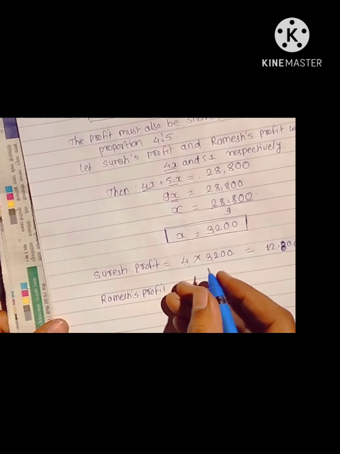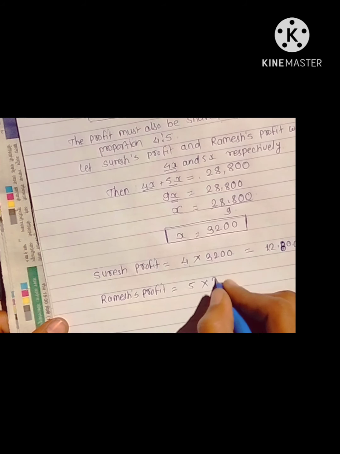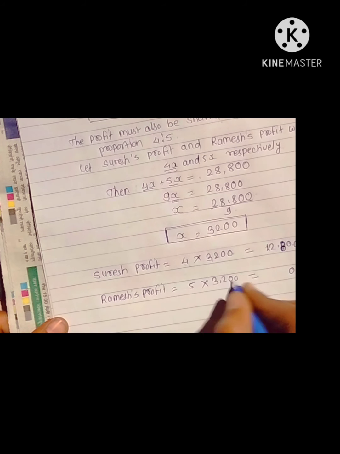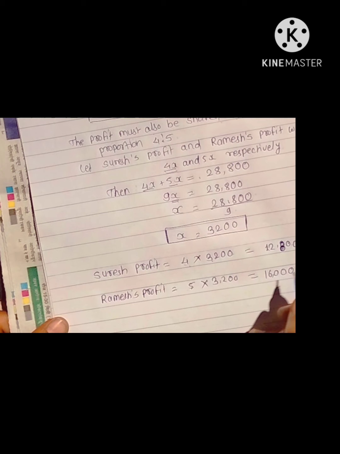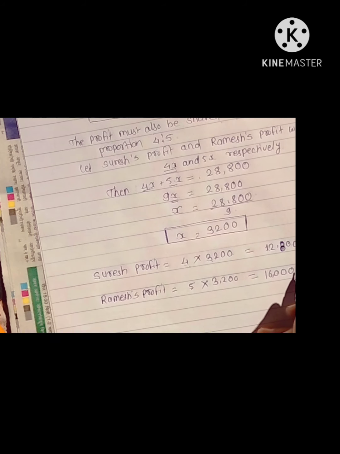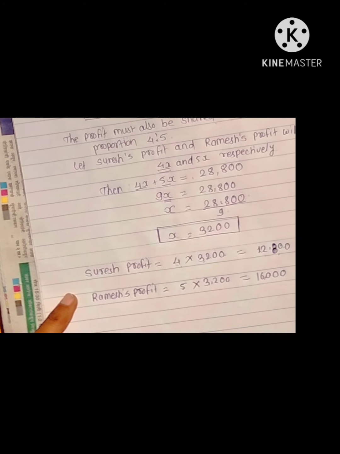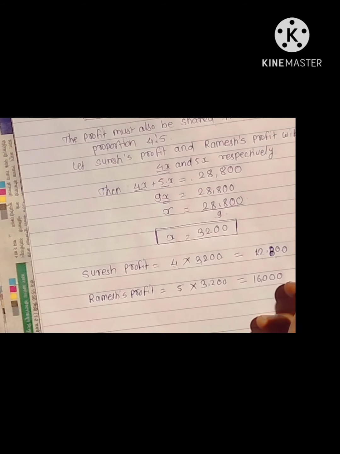Ramesh's profit is equal to 5x, which means 5 into 3,200 rupees. 5 0s are 0, 5 2s are 10, which means 0 and 1 is carried over. 5 3s are 15 and that 1 becomes 16. So 16,000. So the profit of Suresh is 12,800 rupees and the profit of Ramesh is 16,000.